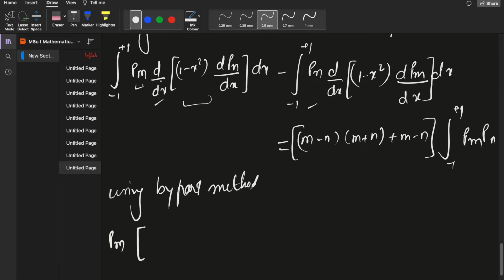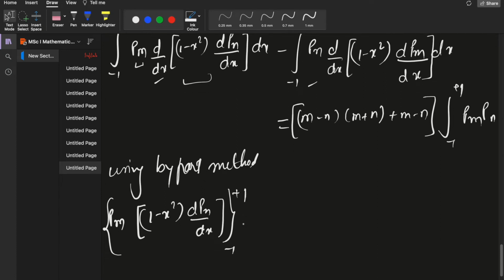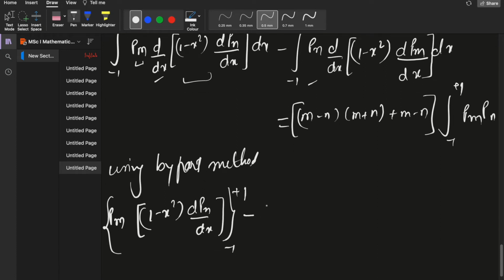Then the integration of the second function gives (1 minus x square) dP_n/dx, for limit minus 1 to plus 1. Good. Minus the integral from minus 1 to plus 1.